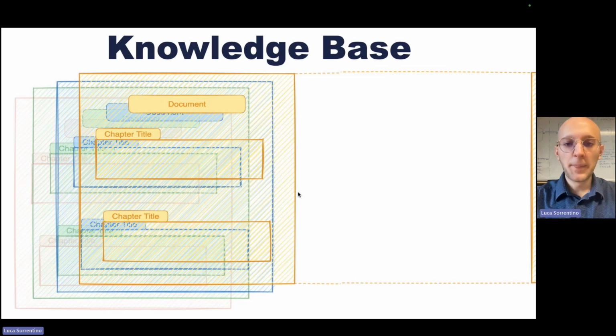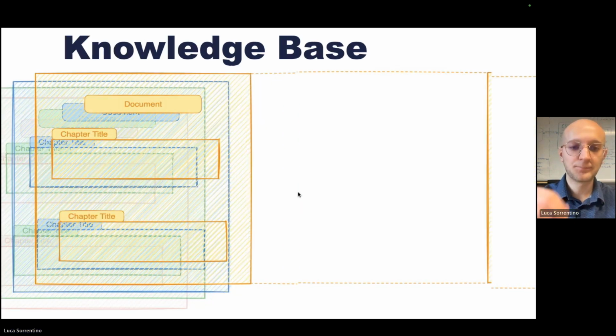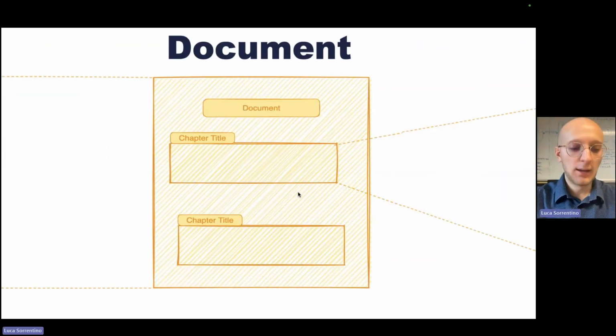software. The main general concept is the knowledge base. A knowledge base is just a collection of documents. In our case, the handbook is a good example of what a knowledge base is. What is a document? A document is an entity, a class, with a link to the physical path on the machine and a list of chapters.